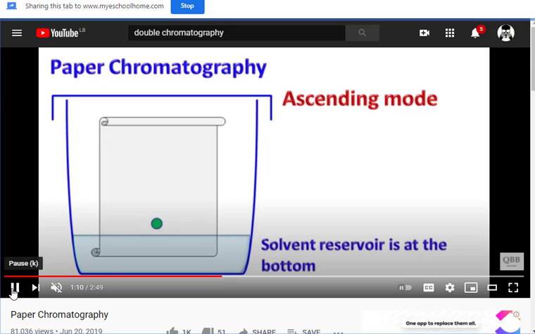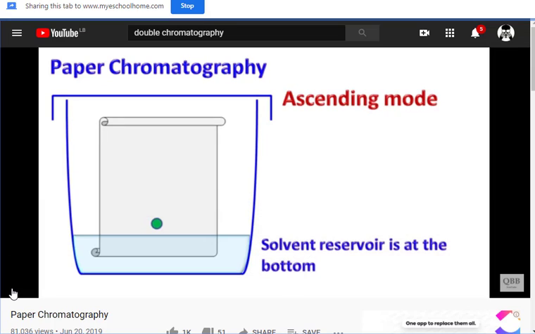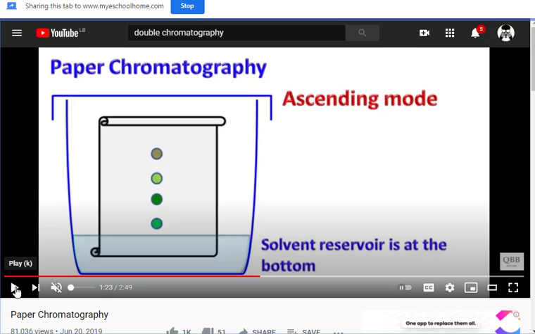Now the liquid will start going up. When it goes up, it will carry with it the different amino acids. Now, look, they separate them. Which one, Khalid, is the heaviest one, the biggest one, the one that is less soluble?